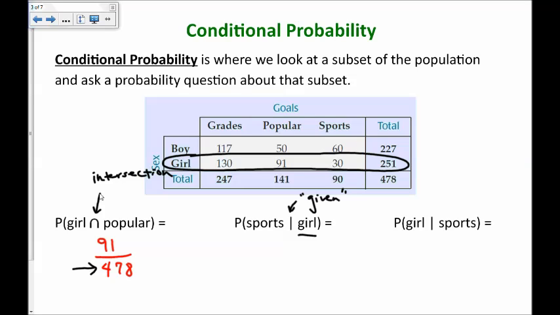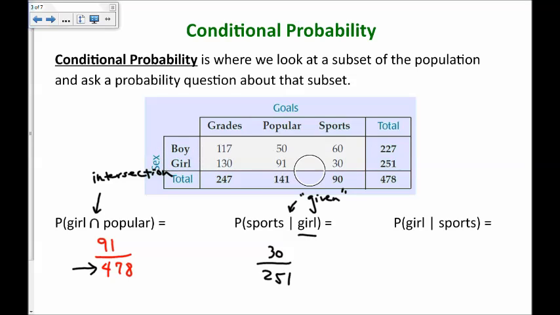Now, the probability that, given they're a female student, so out of the 251 female students, 30 of them have their primary goal as doing well in sports. That changes if we look at the probability that someone is a girl, given that their primary goal is sports.